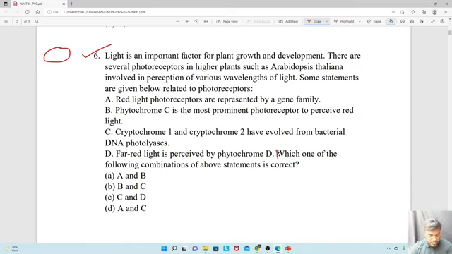Today only I have explained this question. Think, friends, think and answer.